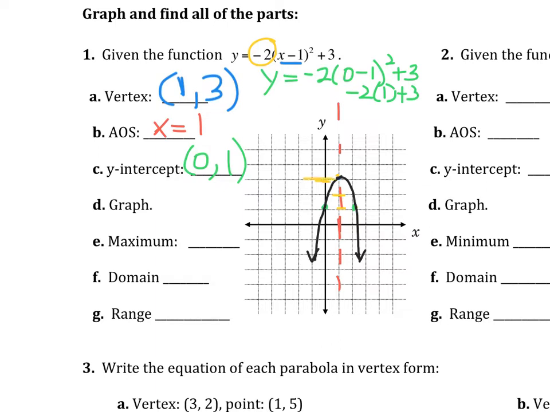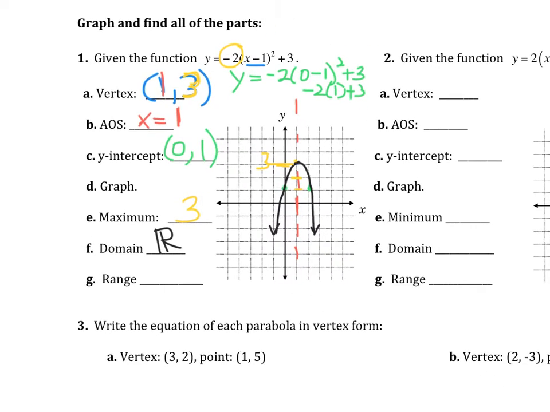It's the highest y that it goes to, and that would be 1, 2, 3. And remember that that number is going to be the same as the y vertex, just like these numbers were the same here. Pretty good. All right, domain: please always write all real numbers, or you can write the symbol for all real numbers. And then the range is going to be all of the y values that are being used.